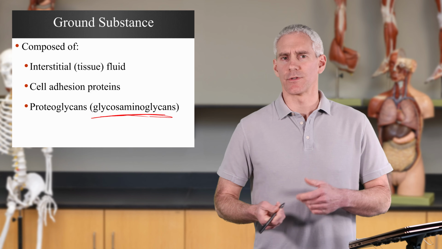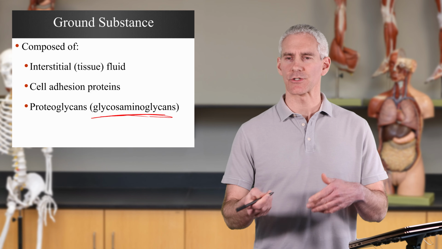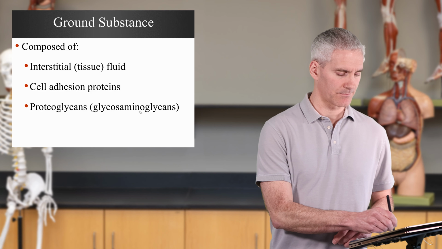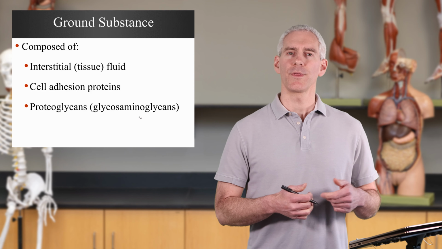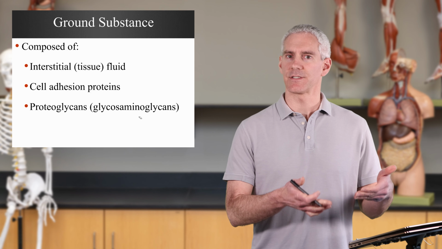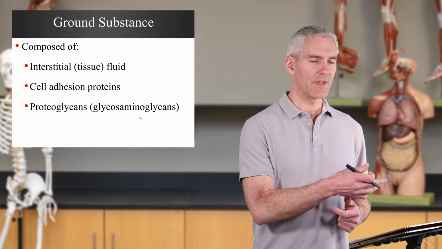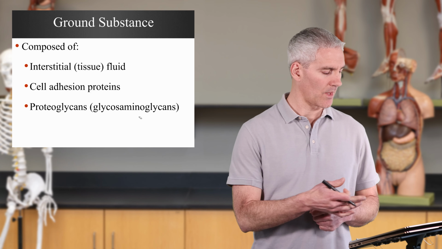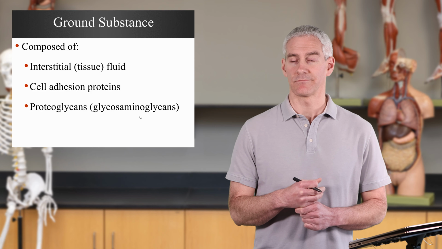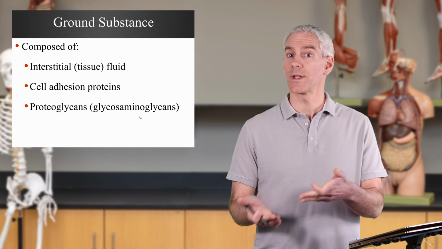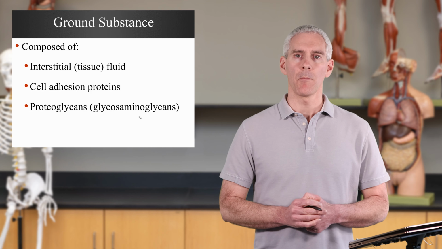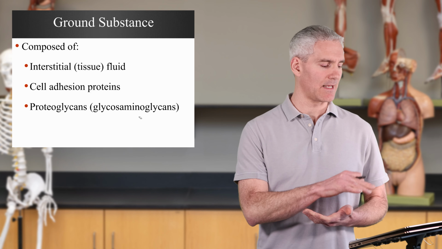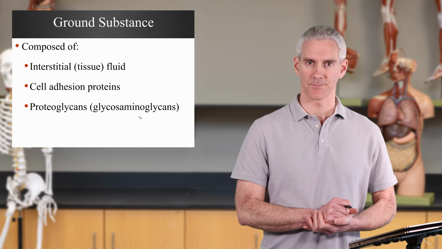They're basically structural units, helping to give a little bit of structure and stability to some of the tissues. But all three of these things can vary from tissue to tissue. The interstitial fluid, well, the makeup of what the ions are can vary. Cell adhesion proteins, the quantity, the numbers, or the types can vary. But this is what you're finding within this ground substance.